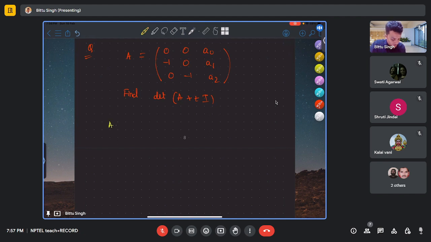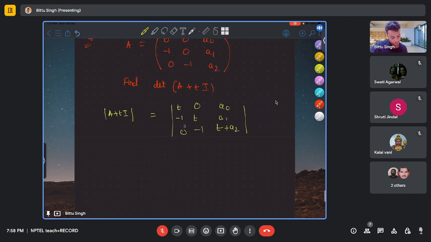So what is a plus tI? It is the same as, the diagonal entry will be t. Okay, so t will be added with the previous. So it is t, 0, a0; minus 1, t, a1; 0, minus 1, t plus a2.